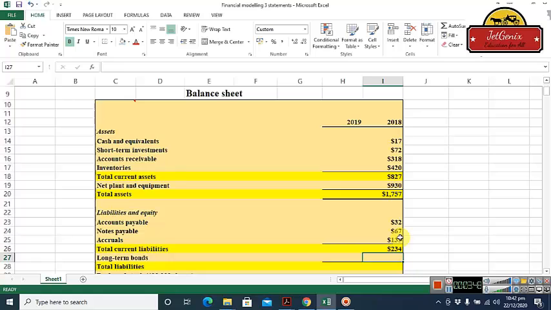Okay, now we are supposed to add the long-term bonds of this company, and let's assume that it is 620 million. Now we are going to calculate the total liabilities of this company.